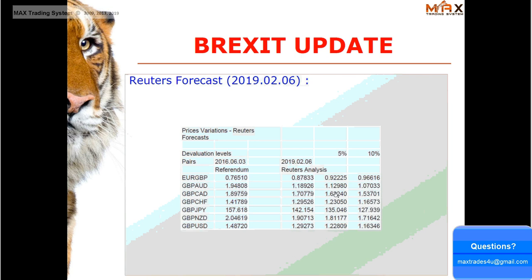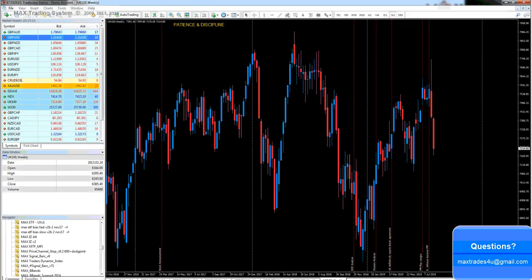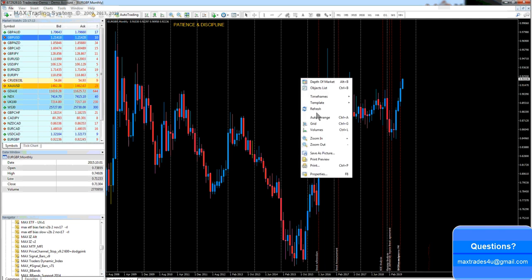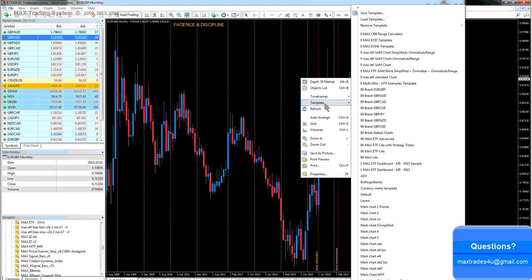And so these are the levels we can also report on or draw on the chart. And I'm going to show these levels now on some charts, or at least some of them. So let's go back to MetaTrader, and I will first of all consider the euro pound. I will apply on my euro pound pair a specific template with these levels.